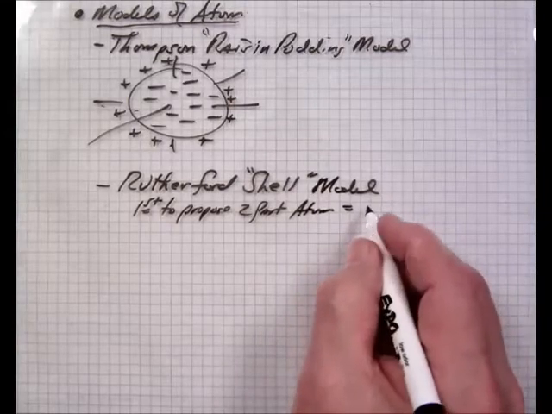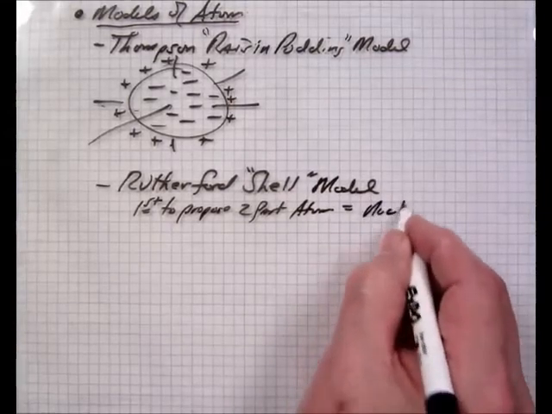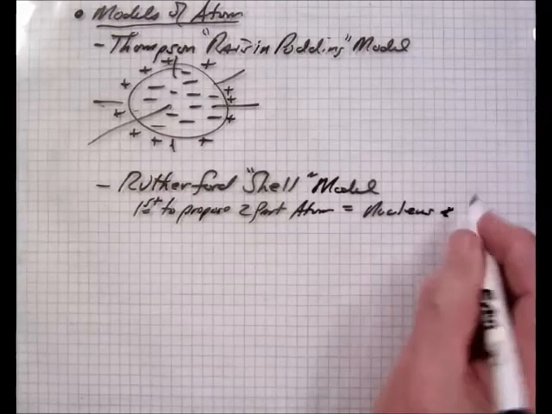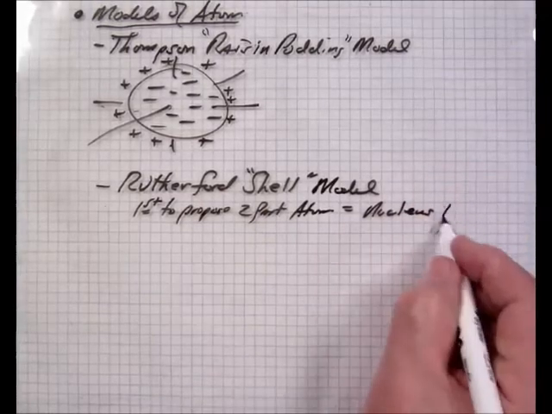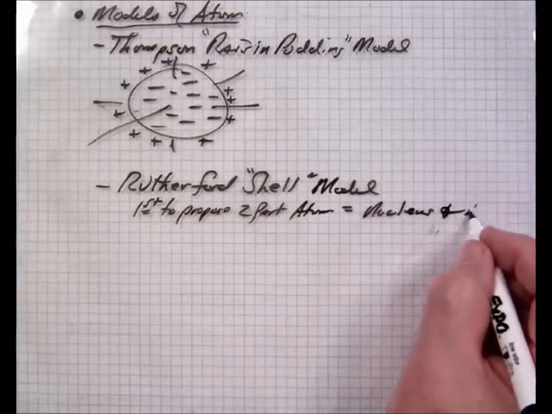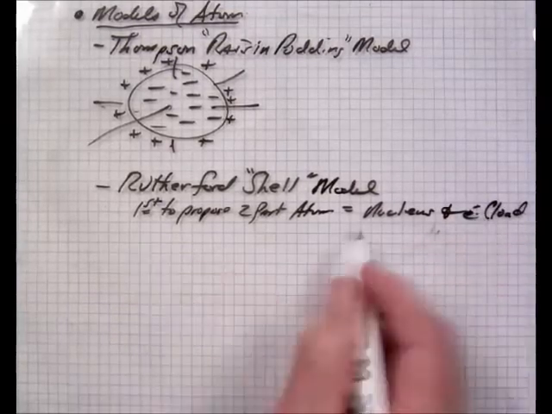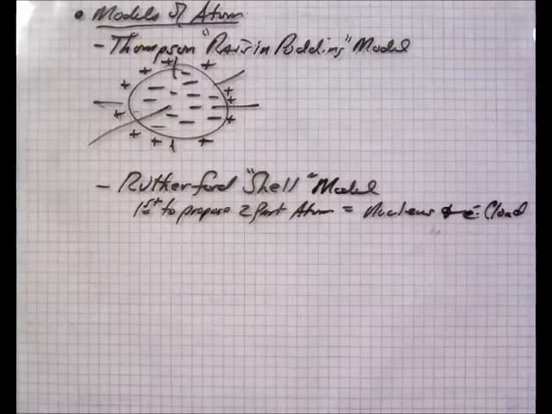And that, of course, is nucleus and electron cloud. Now, in his model, he did not define the electronic structure like we're going to do today with the Bohr model.